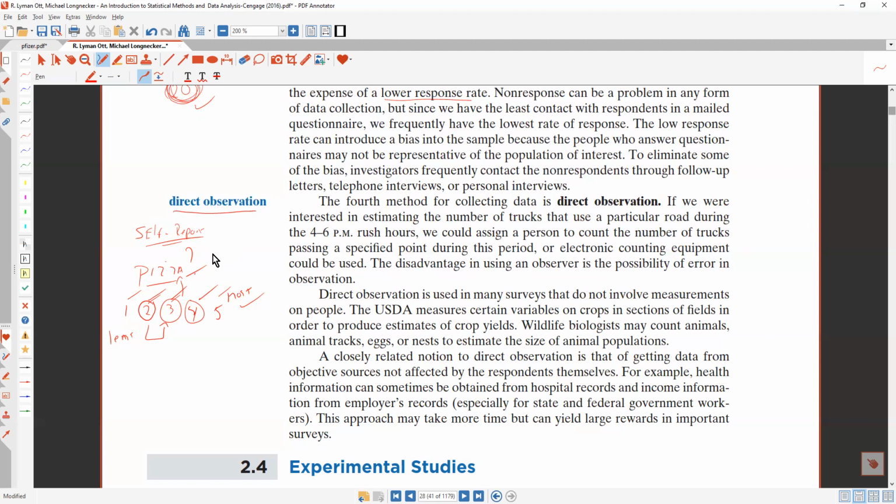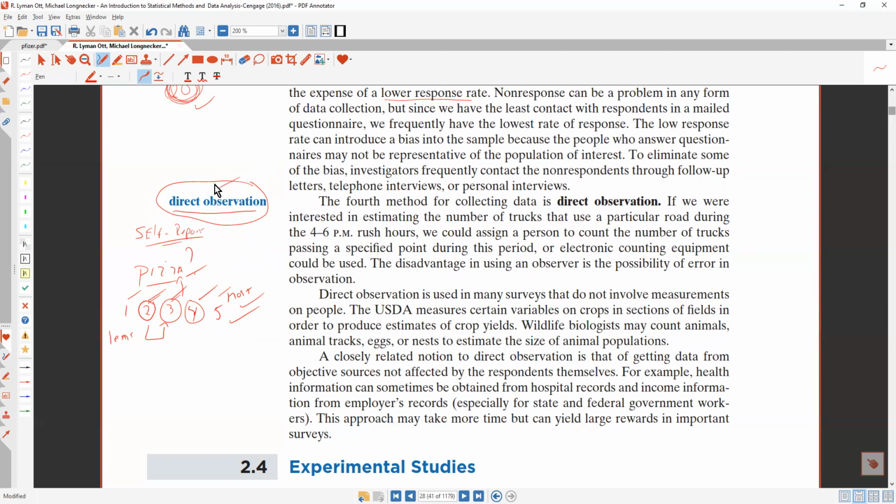That would be a really good measure to see if they actually like pizza, right? Or at least have them self-report on how much pizza they had that week. Because if you simply ask, do they like pizza or not, you may get an inaccurate result. But if you go directly to the observation and measure it, such as how much pizza have you had this week, you may get a better measure.